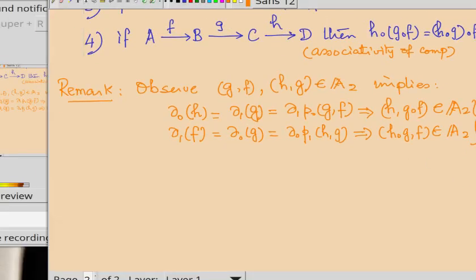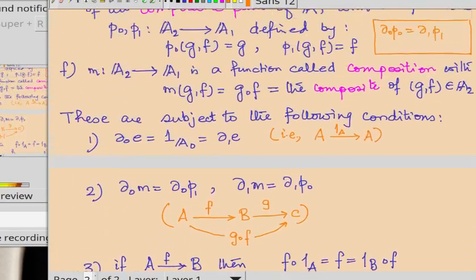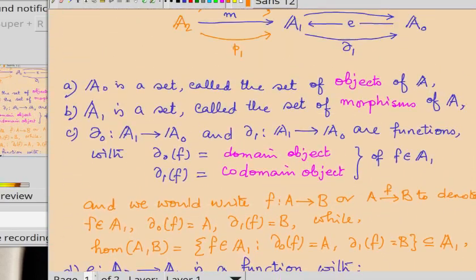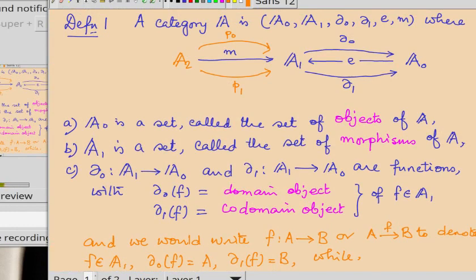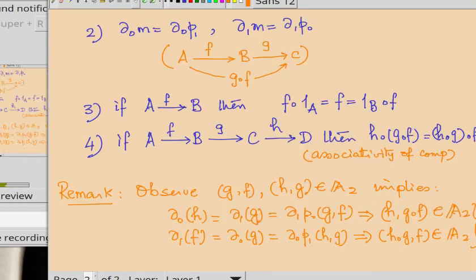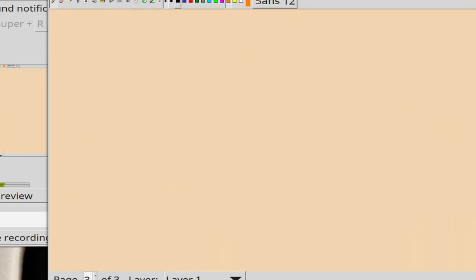So we have seen now this definition of this category. We'll now look into several examples. Obviously, first comes the motivating examples.